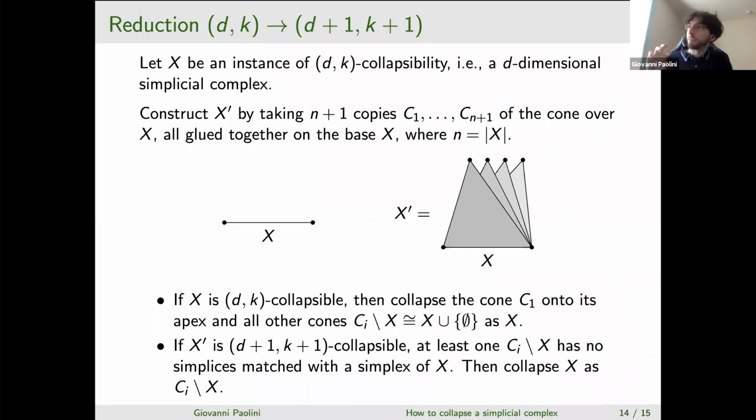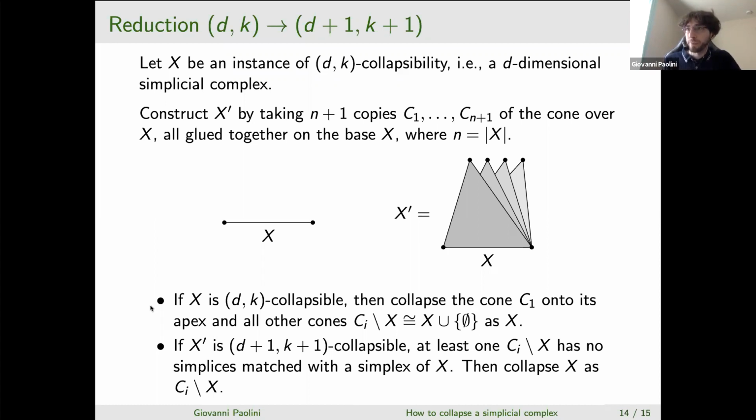You take many copies of a cone over X, and all these copies share the same base X. So X is in common, and then you have many apices, each of them with its cone, like in the picture here. How many cones do you take? n+1, where n is the number of simplices of X. We're going to see why this number.